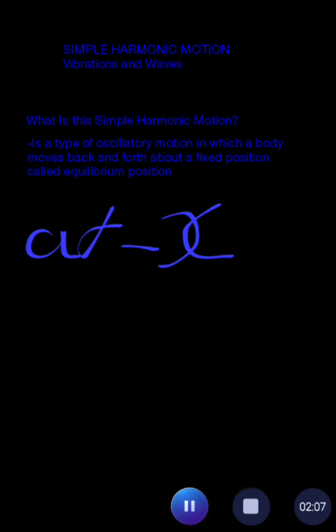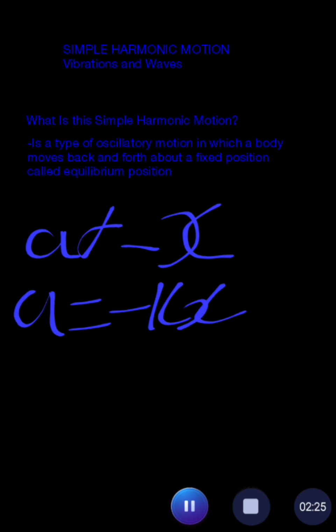So to remove the direct proportion, we say acceleration is equal to negative kx, and we use this formula to find the acceleration or displacement given the values of the other things in the formula.